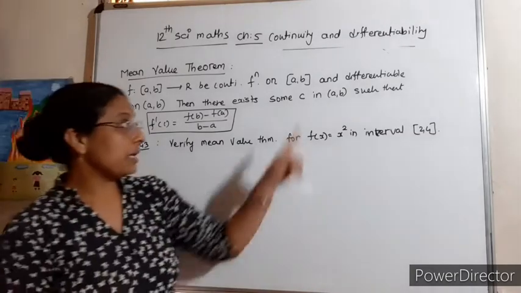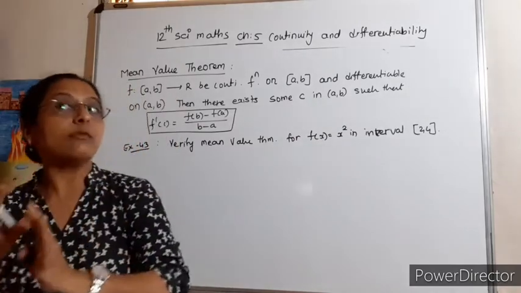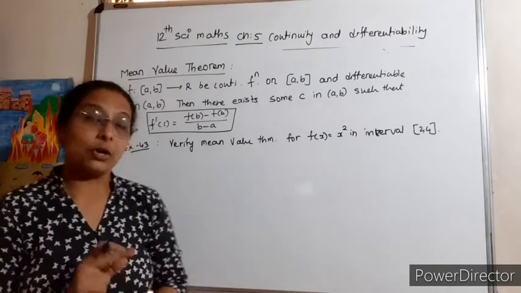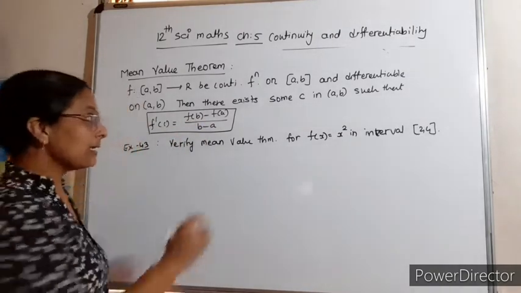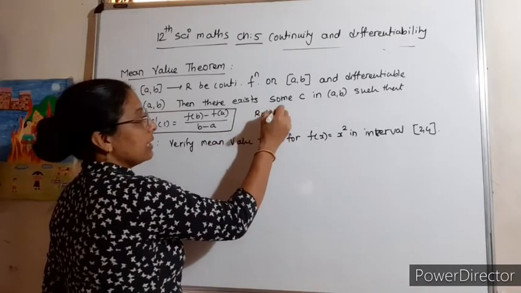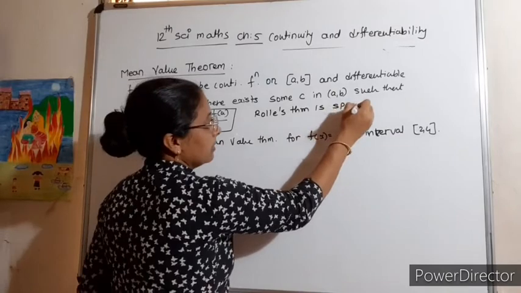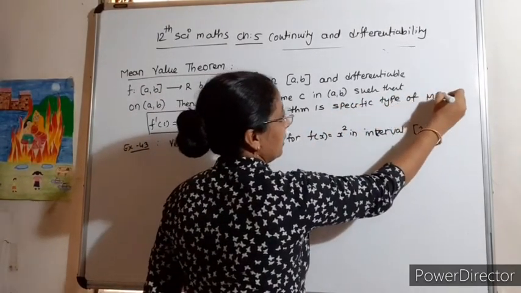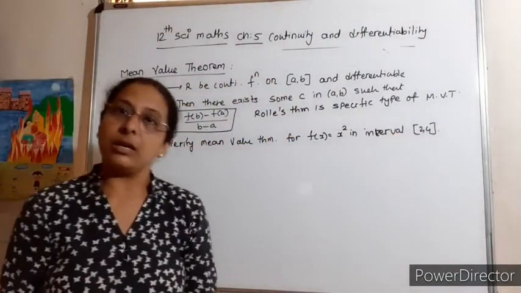Rolle's theorem में हमने देखा था c belongs to the open interval (a, b) such that f dash c equal to 0. अब यहाँ पे why was f dash c 0 हो रहा था? Because f of b is equal to f of a था. So we can say that Rolle's theorem is a specific type of MVT, mean value theorem.